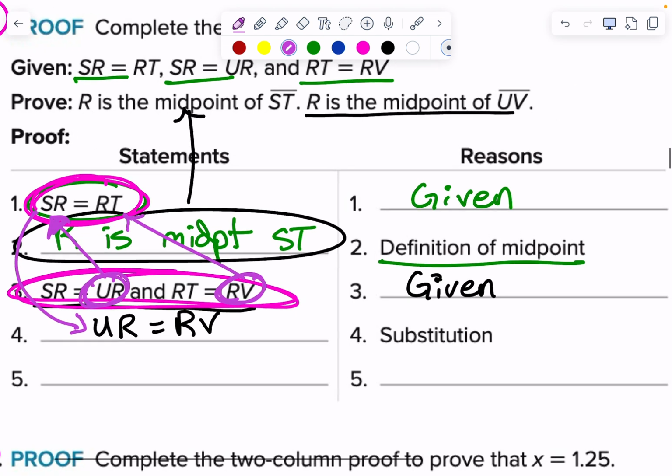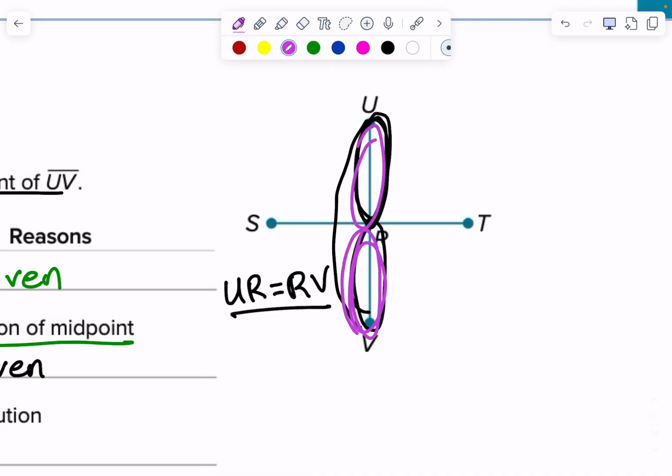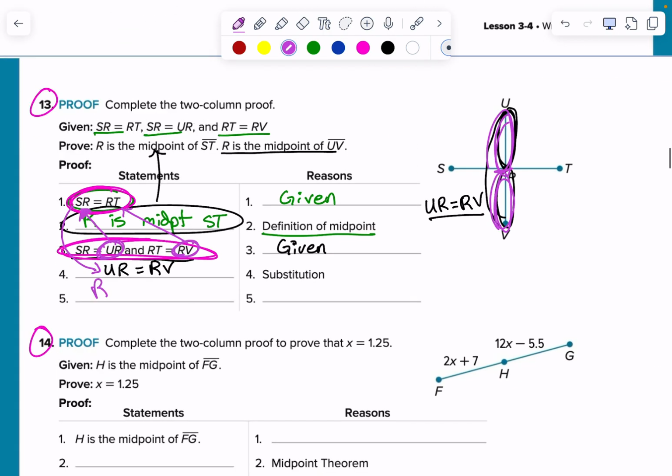Now, if UR and RV are the same, then what do we know? R is the midpoint of UV. Why do I know that? What goes in this one? Definition of midpoint. You got it. Kind of funky weird. Good? Okay. All right.